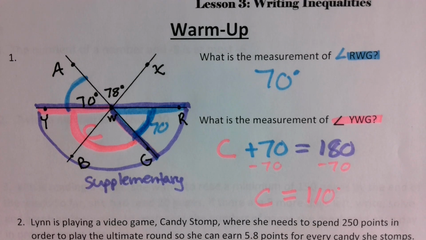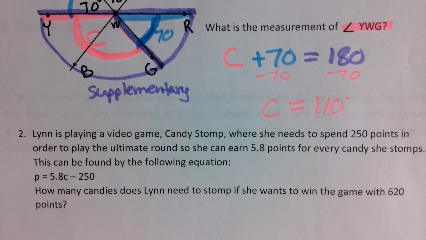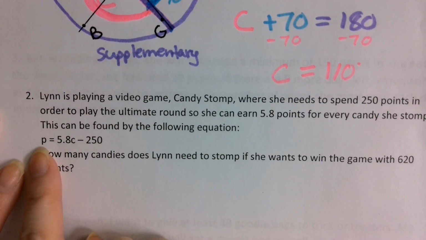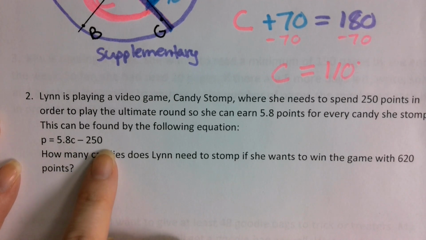Lynn is playing a video game called Candy Stomp, where she needs to spend 250 points in order to play the ultimate round so that she can earn 5.8 points for every candy she stomps. This can be found by the following equation. So they're even giving you the equation that P is going to equal 5.8C minus 250.